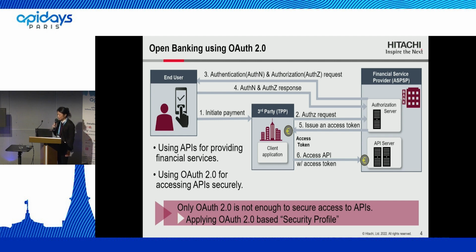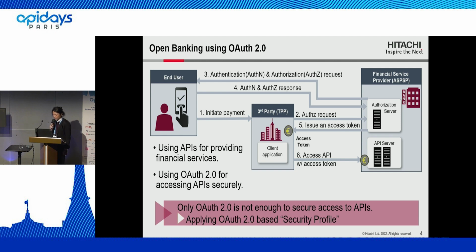This client application accesses API provided by the financial service provider to receive financial services on behalf of an end user. To realize this use case, OAuth 2 authorization protocol is used.